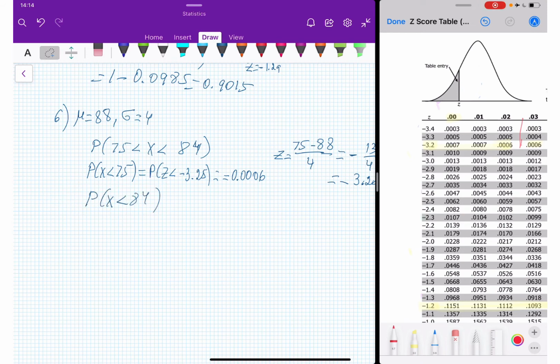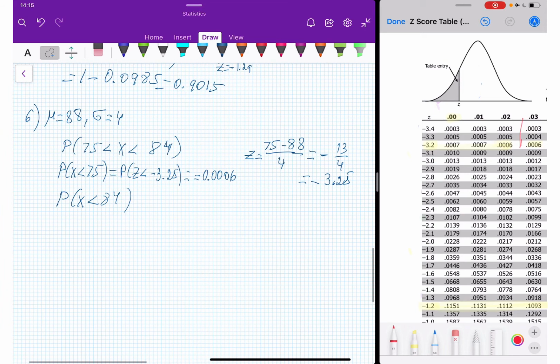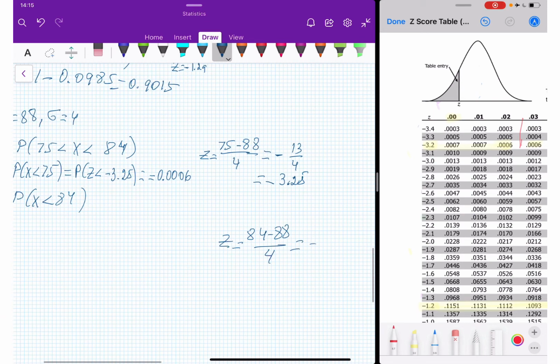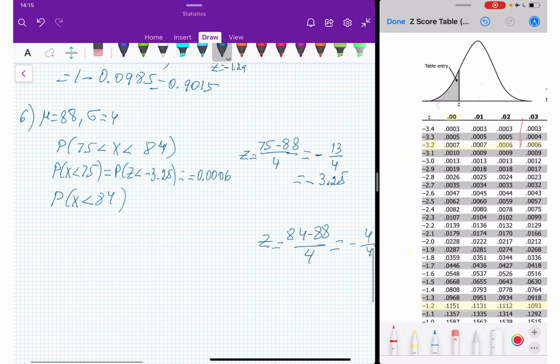Now let's find x is less than 84, which means this z-score is going to be equal x is 84 minus 88 over 4. So we get negative 4 over 4 is equal negative 1.